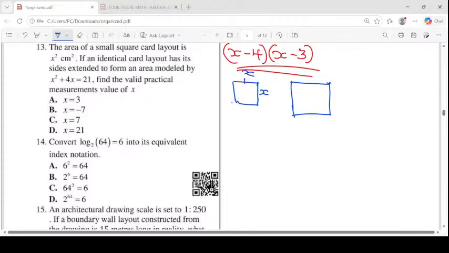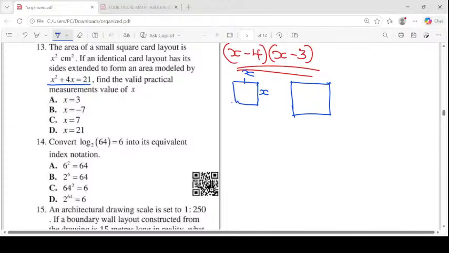This equation represents the area of the larger square. Now let us rearrange this and try to solve it.